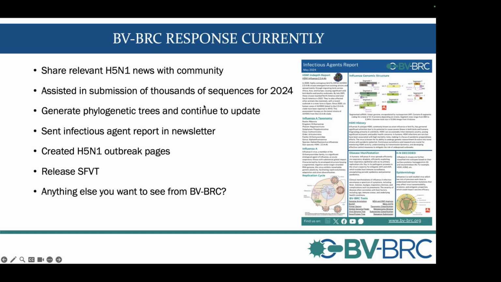We assisted in the submission of thousands of sequences for 2024 and generate phylogenetic trees that we continue to update, and those are on our Outbreak pages that we talked about last week. We created those H5N1 Outbreak pages, and we also released sequence feature variant type data for influenza, so you can view that on the BV-BRC. And I left a point for anything else you want to see from the BV-BRC. Please let us know so we can make it as useful as it can be for you.